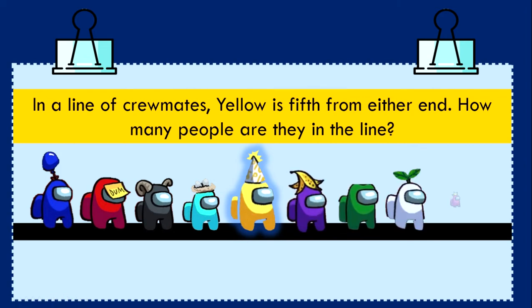As you can see from right, we can count: purple, white, green, and teal, and the fifth one is yellow. So counting all of the crewmates here, there are 9. So the answer here is 9.